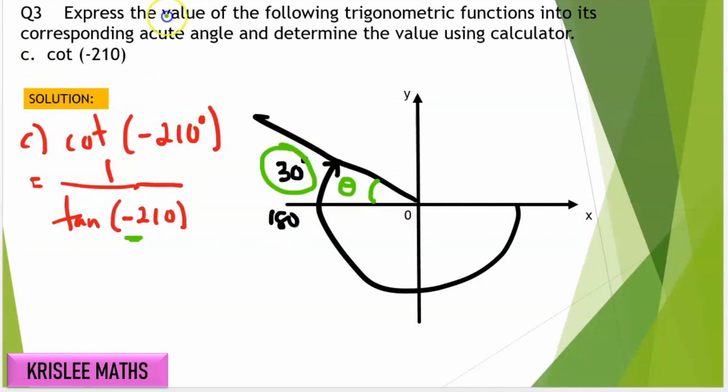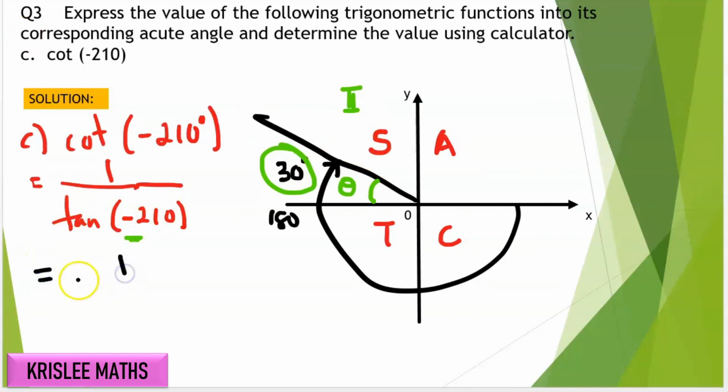Remember, now we are in the second quadrant. In the second quadrant only sine is positive. Remember, add sugar to coffee. In the second quadrant only sine is positive, therefore the tangent will be negative.